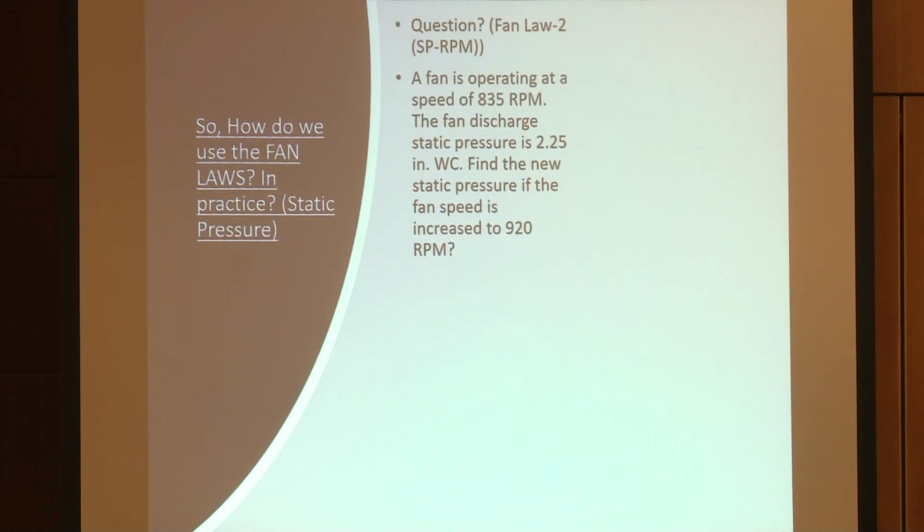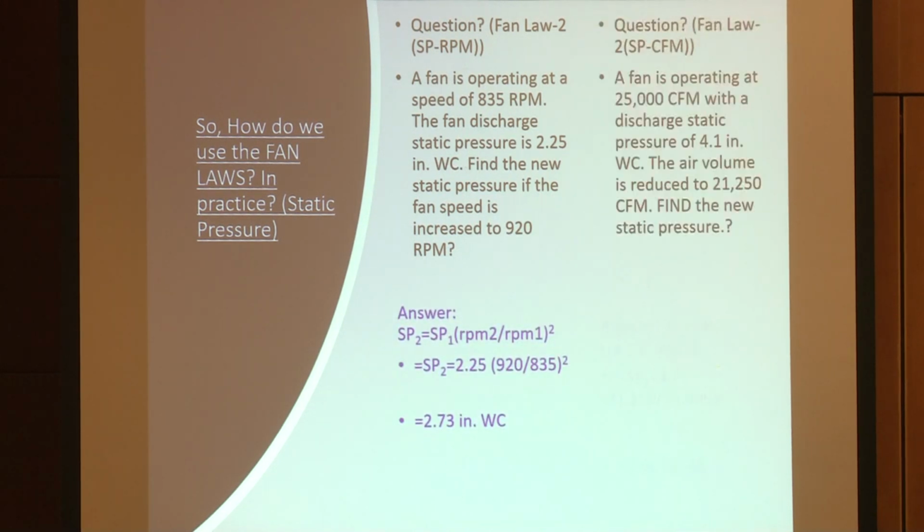So I'm going to show you more, because when you go from CFM to RPM, that's a straight line. When you go to pressures, that's square. And when you go to motor power, horsepower, then you're doing cube. But I just want to show you kind of the same thing, but using the pressure. So now we're dealing with static pressure.